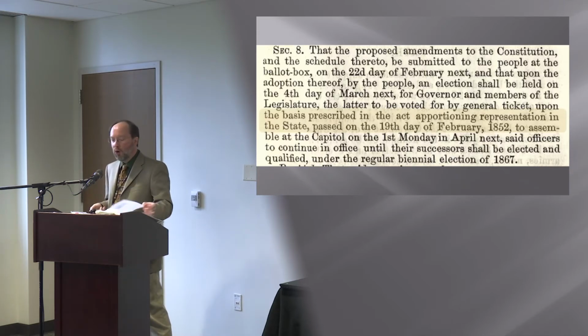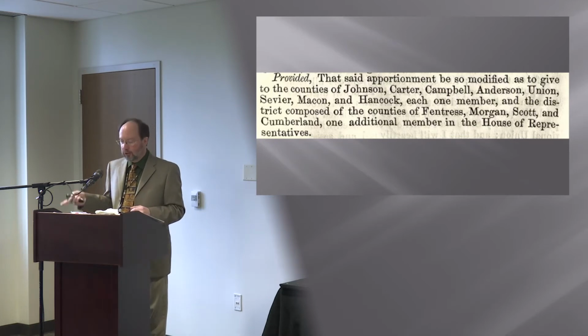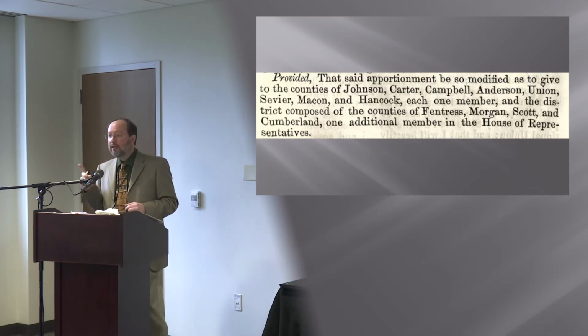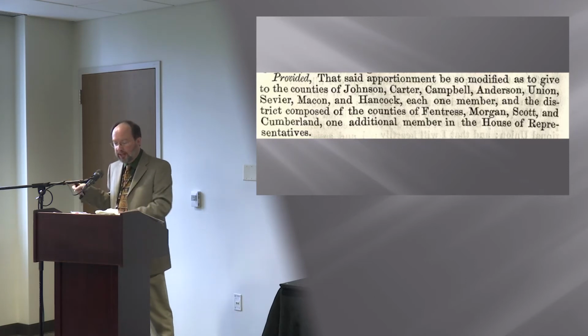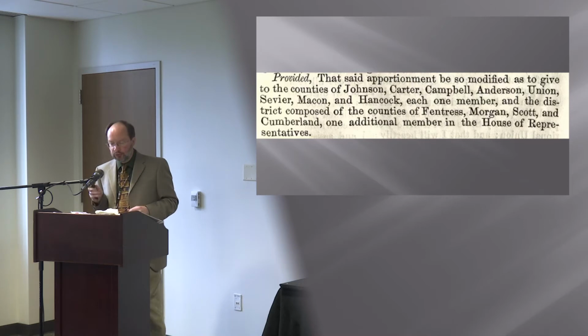The solution was 9 additional members of the House, increasing the membership of the House from 75 in 1861 to 84 in 1865. Still 25 members of the Senate, but now 84 members of the House.